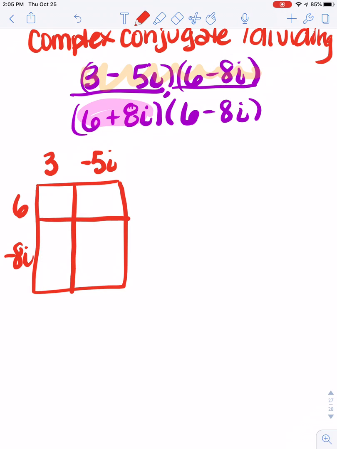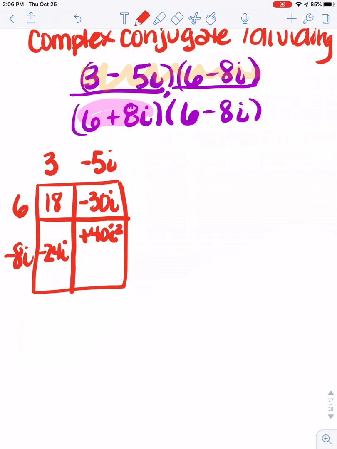So if I start to multiply, 6 times 3 is 18. 6 times -5i is -30i. -8i and 3 is -24i. And -8i and -5i is positive 40i squared.